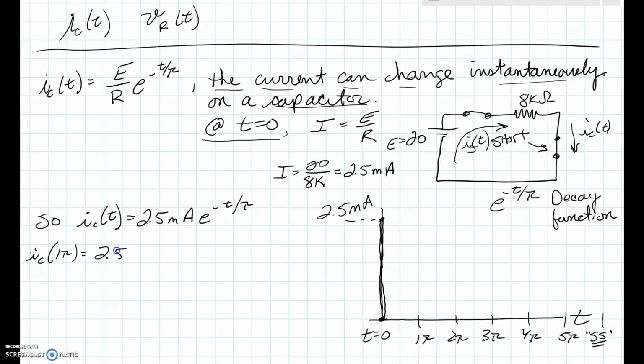Okay? So let's take a look at t equal to 1 tau. IC of 1 tau would be 2.5 milliamps times e to the negative tau over tau. And we end up with 2.5 milliamps e to the negative 1. And that turns out to be 0.9197 amps, I'm sorry, that is milliamps.